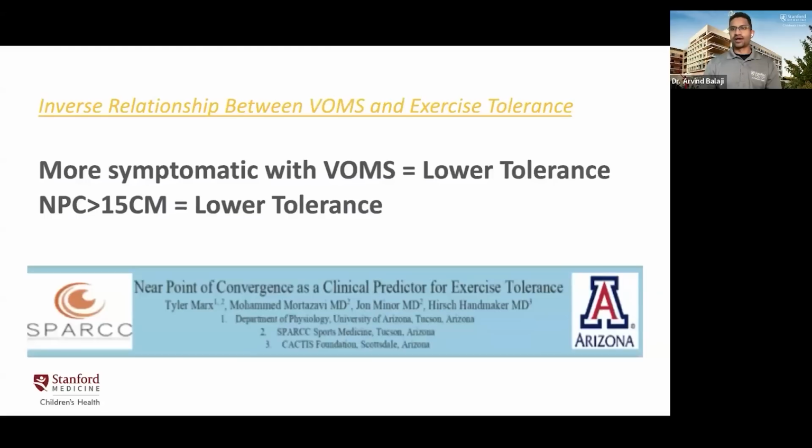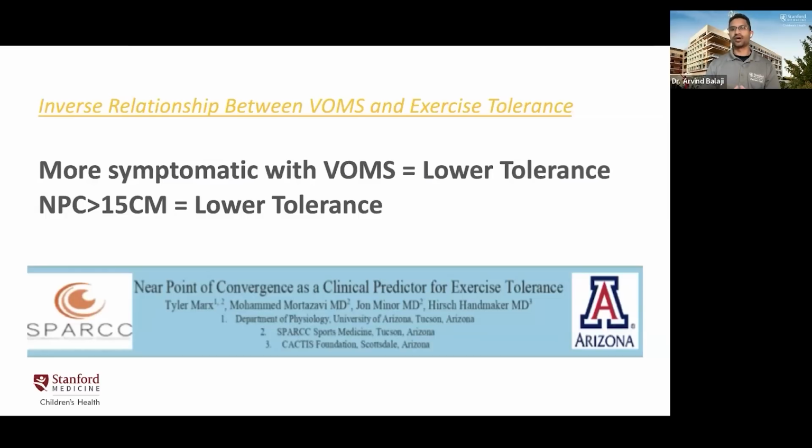In addition to the fact that it can be assisting us in understanding if a patient has the diagnosis of a concussion itself, we also know that there's an inverse relationship between symptoms provoked by this VOM screen and exercise tolerance itself. So when you're assessing an athlete and you notice that they're very much struggling to do the physical exertion of the eyes moving in different directions as you're prompting them to, the more symptomatic they seem, it seems to infer that they'll have lower tolerance of exercise.